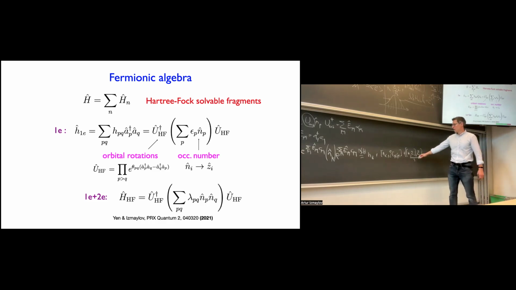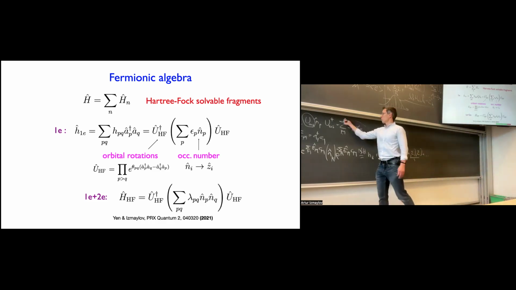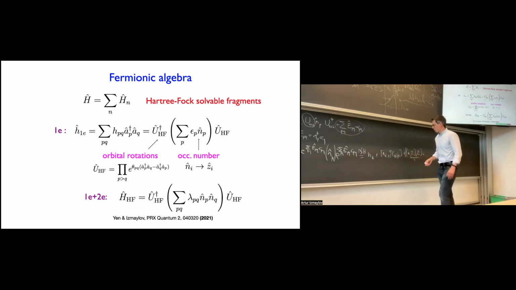Why do we get only one-electron terms? It's because when you form commutators of these occupation numbers with one-electron terms, it's again a one-electron term, and then this one will be a one-electron term with another one-electron term, still one-electron terms.